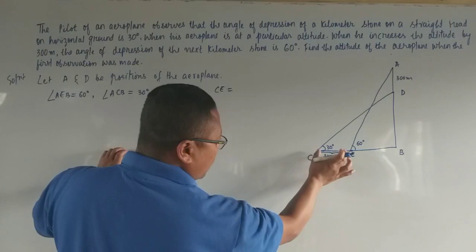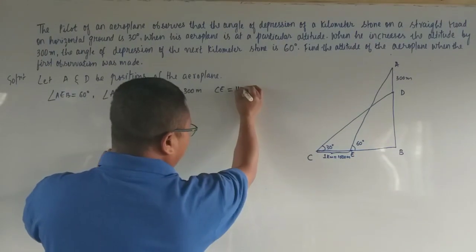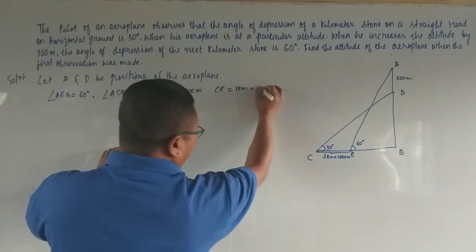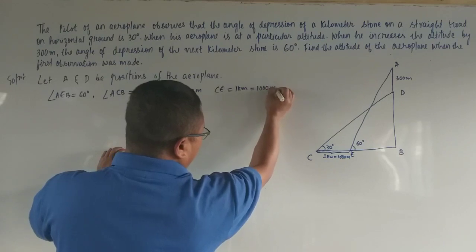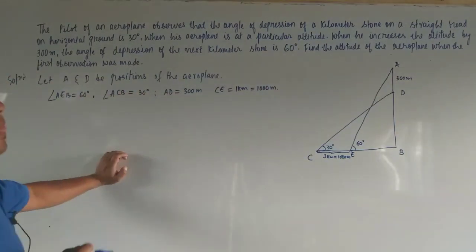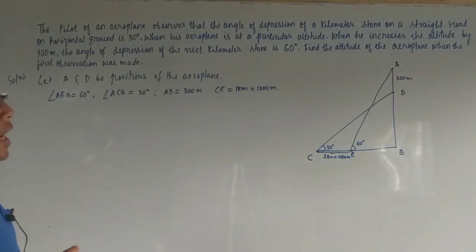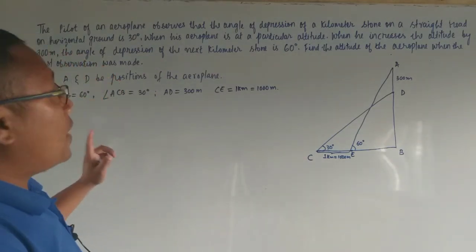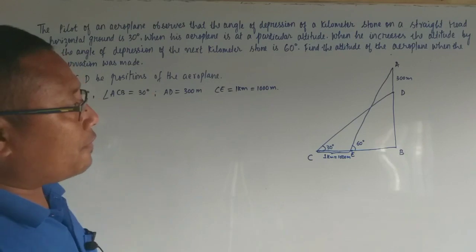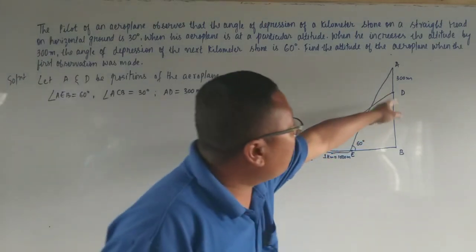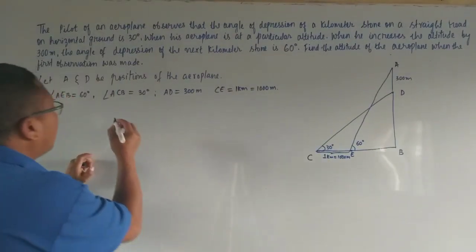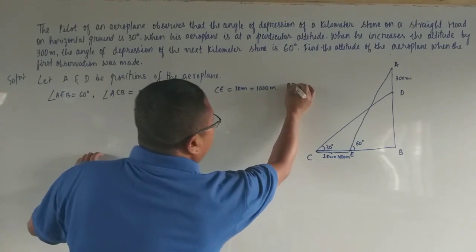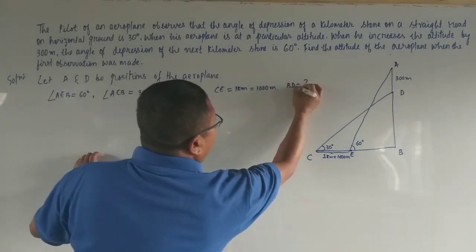Therefore, the distance between C and E will be 1 kilometer, which is 1000 meters. And we are to find the height of the aeroplane when the first observation was made. So that is BD. So let's write BD. We have to find this value.